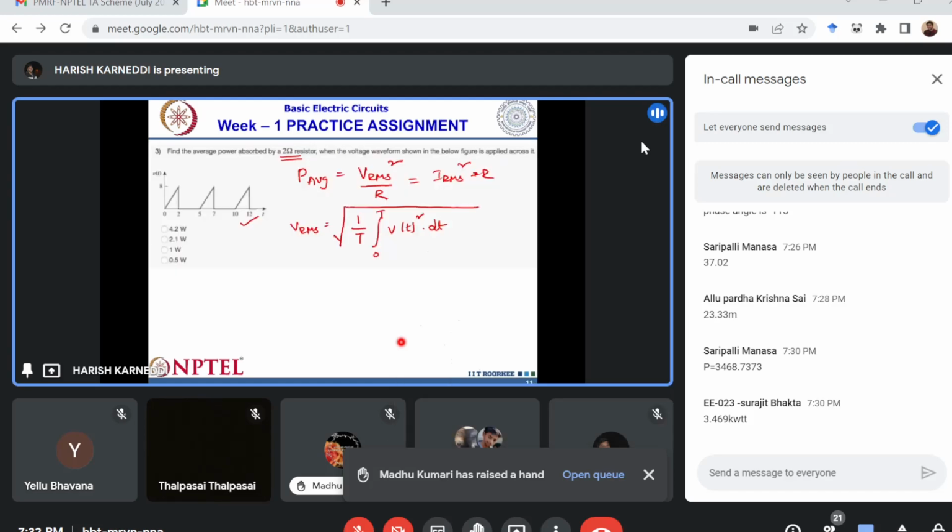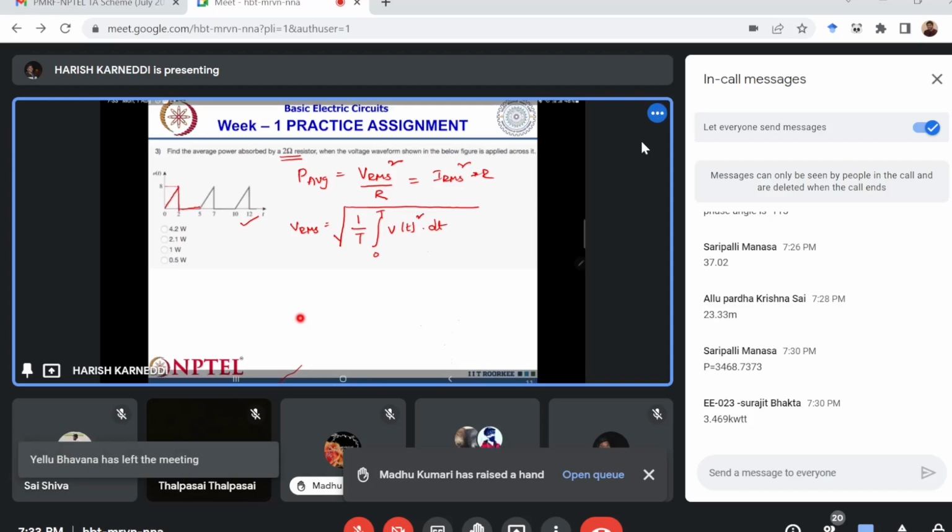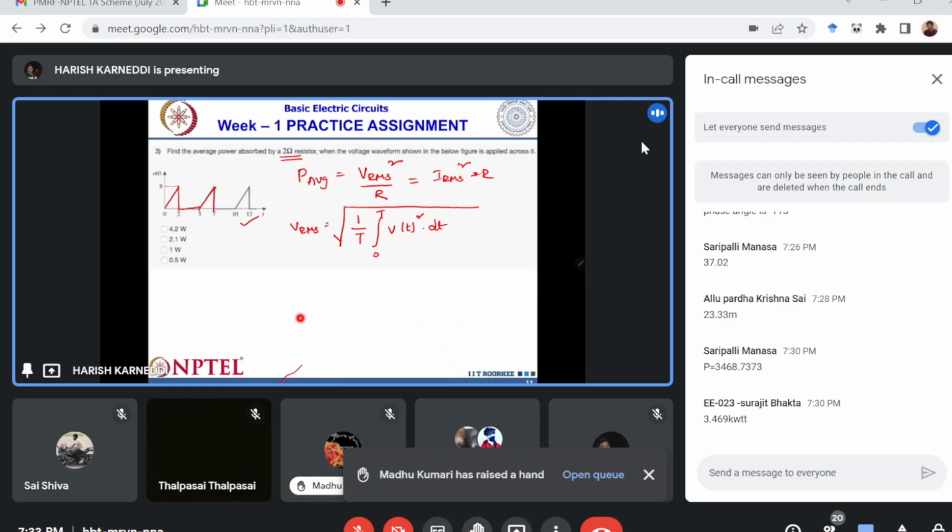Okay, coming to this problem, what is V of t here? V of t is the function of the voltage which is given in this figure. From 0 to 2, it is a ramp. It starts with 0 and ends up at 8, right? And from 2 to 5, it is 0. And 5 to 7, it is again the same, and 7 to 10 it is 0. Up to this point the waveform is repeating.